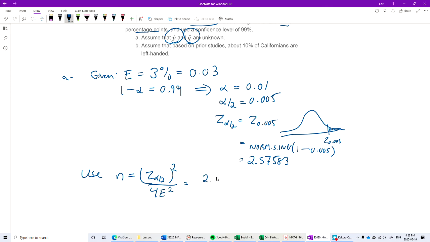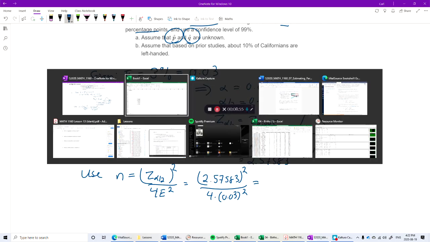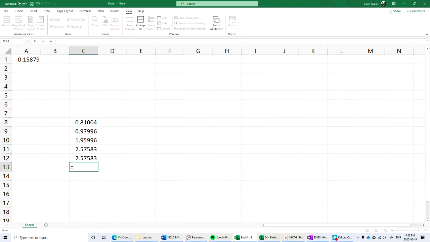So it's 2.57583 squared over 4 times the margin of error squared. What do we get? I could do it in Excel, couldn't I? Let's do it in Excel. So it's equals C12 squared, that's that number, divided by 4 times 0.03 squared.